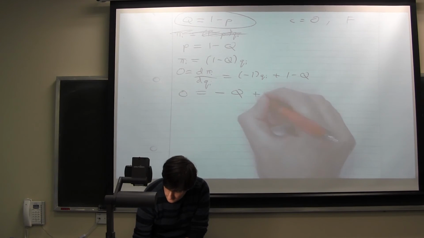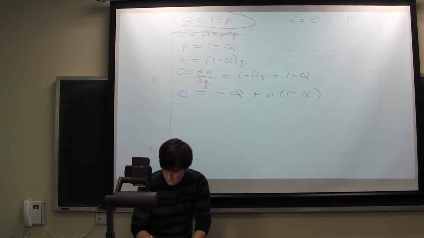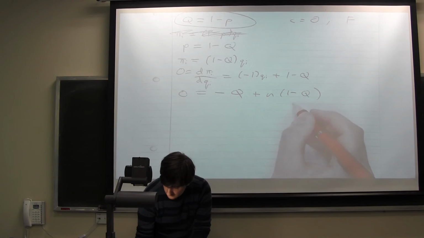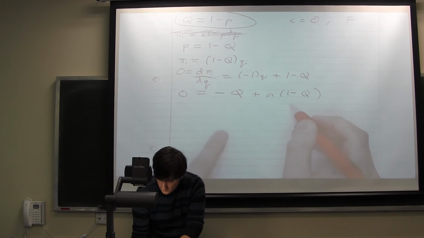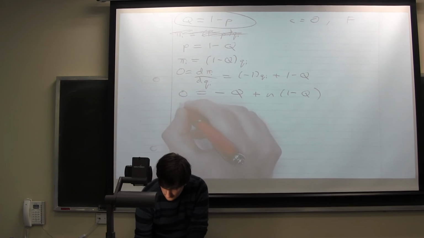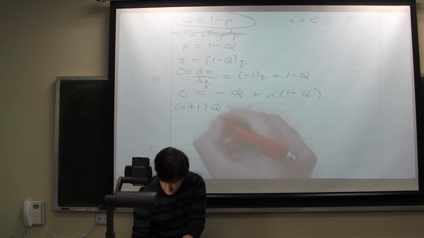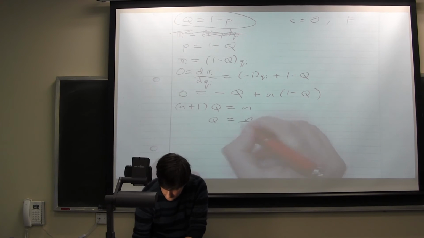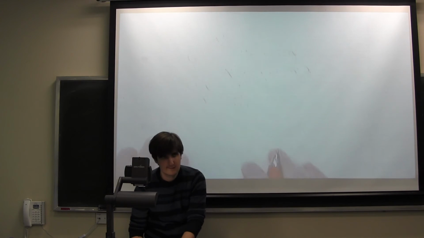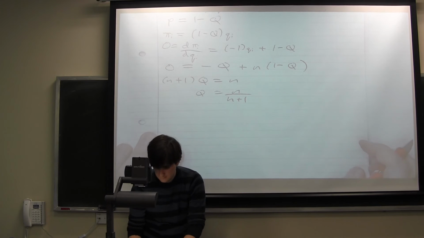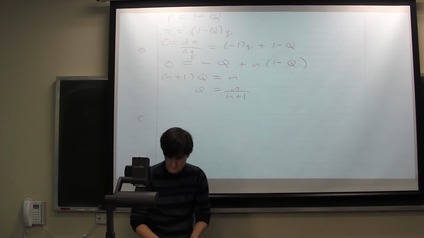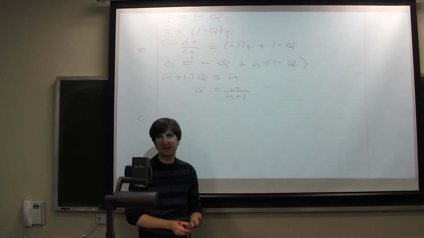So minus big Q plus n times 1 minus big Q. So we've got n plus 1 times big Q is equal to n. So Q is equal to n over n plus 1. Okay, so big Q is n over n plus 1. What's little q?